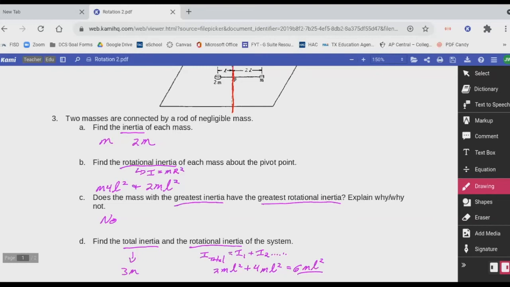Well, the smaller mass, 4ml squared, is bigger than the large mass of 2ml squared. So in this case, because the distance is squared and the smaller mass has a larger distance, it then had the larger rotational inertia. And we showed that between A and B. Your answers in A and B indicate your answer for C.